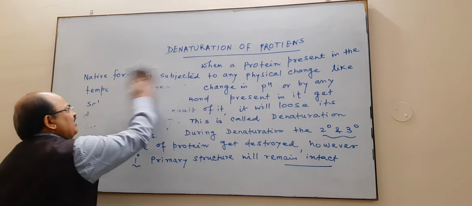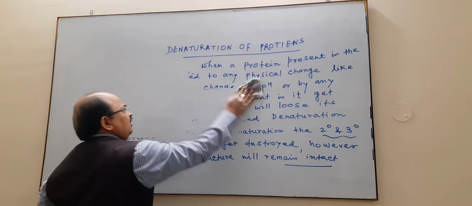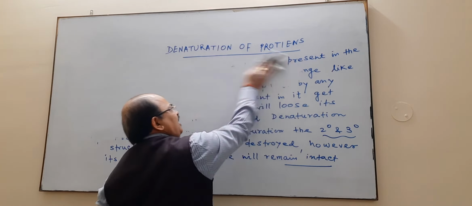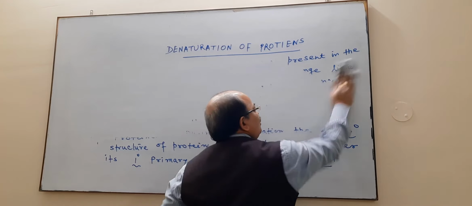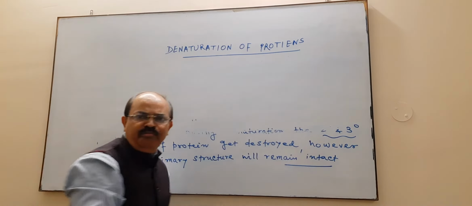For example, if somebody asks you to give at least one example of denaturation of protein, the very common example is the curding of milk.